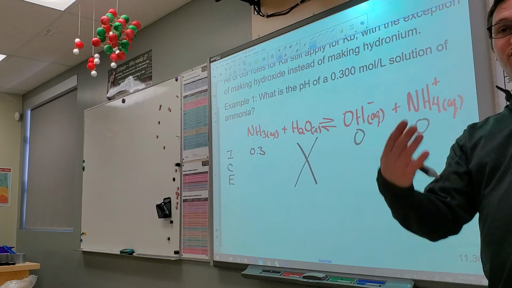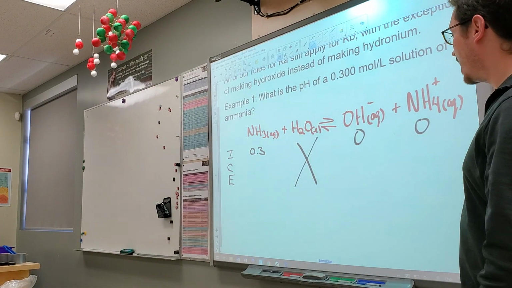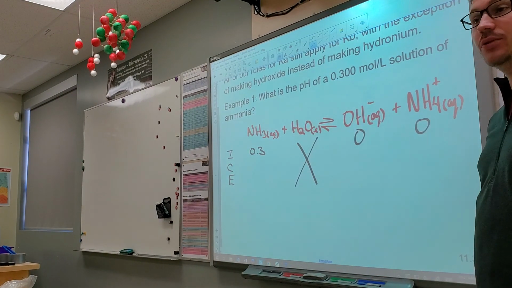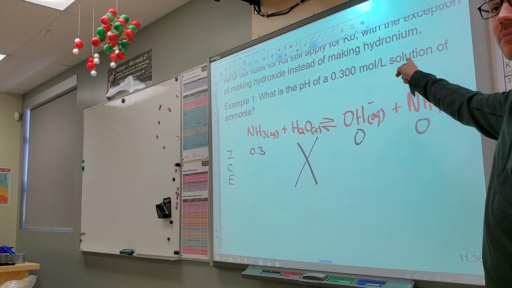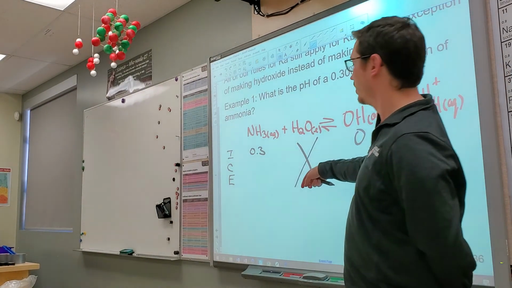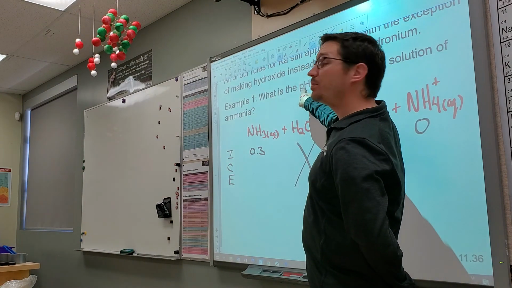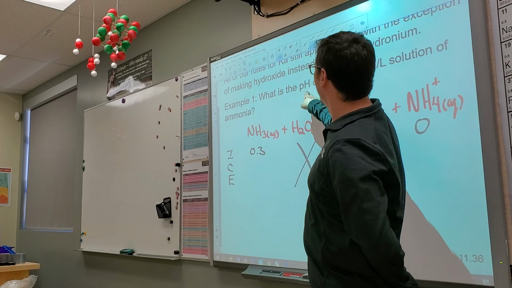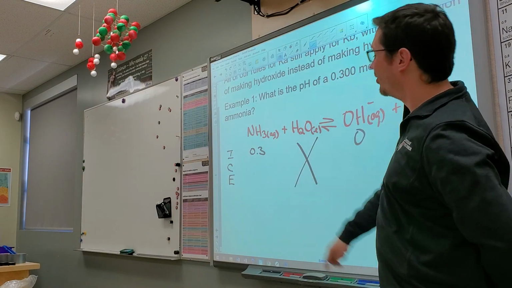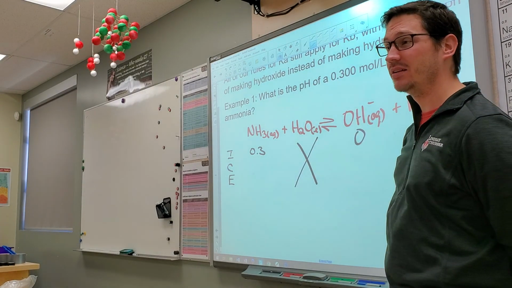Okay, so let's try and think of this. Is there anything else you can do here? Did they give us anything about equilibrium? Read the question. What is the pH? pH has to do with equilibrium, but it's asking us to find it of this solution of ammonia. Do you see anything about equilibrium there?